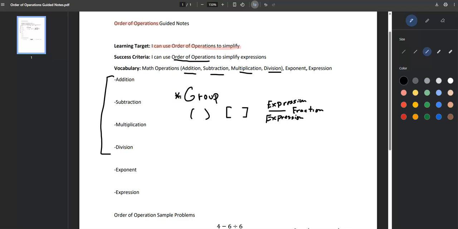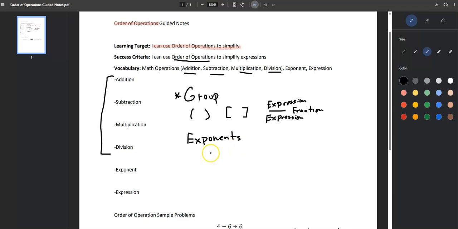When I look at those groupings, within each grouping I'm going to follow a specific order. The first thing I look for is any exponents I can simplify.